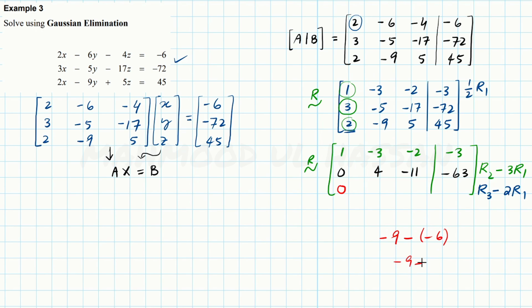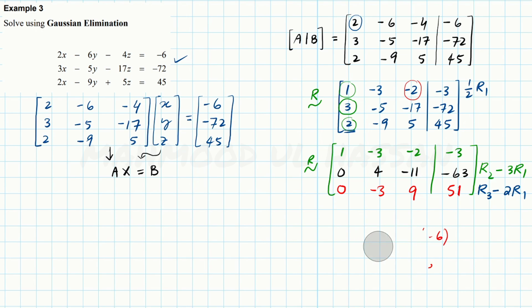So negative 9 plus 6 becomes negative 3 here. And then 5, 2 times 2 is 4, so 5 minus minus 4, because there is a negative sign, means 5 plus 4, that is 9. And here 45 and 2 times negative 3 is negative 6, 45 minus negative 6 becomes positive 6, so that is 51.